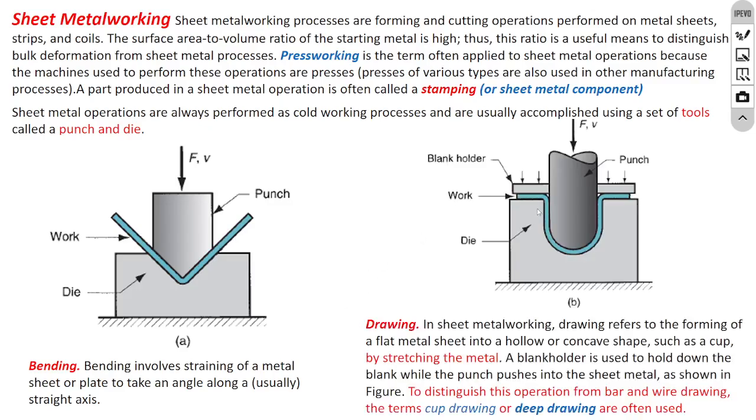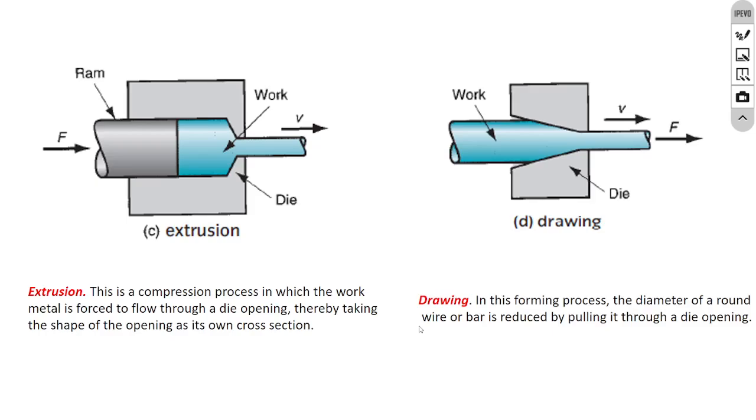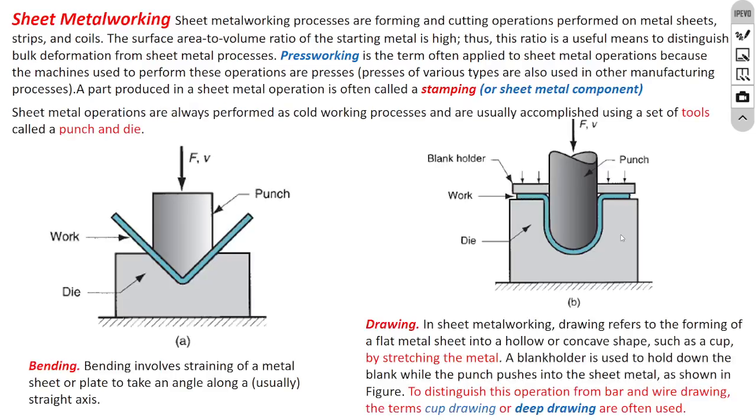The other process is called drawing, but to distinguish or highlight the difference, it is not such a drawing, but it is different. To highlight that it is a different drawing process, it is said deep drawing or cup drawing. In deep drawing, first sheet metal is put onto the table.